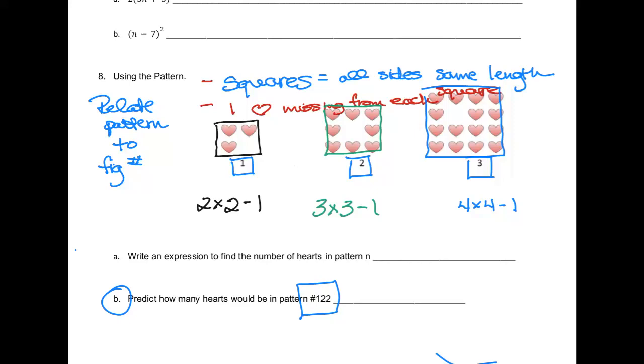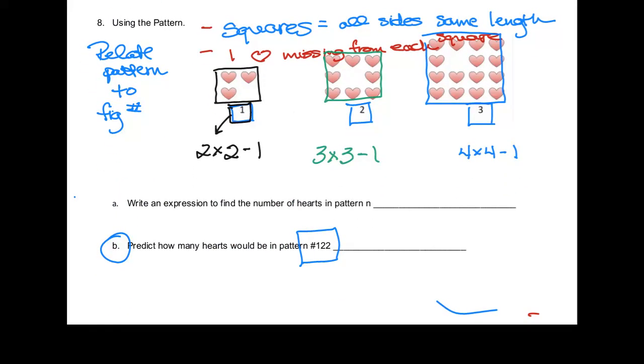Now, how did we get from figure 1 to that expression? It goes up by 1. So if I want pattern number 122, what would be the dimensions of the square for pattern or figure 122? Close.